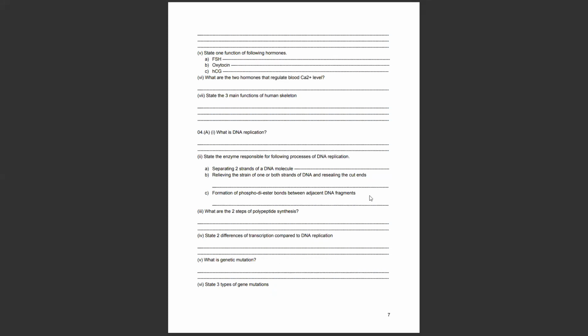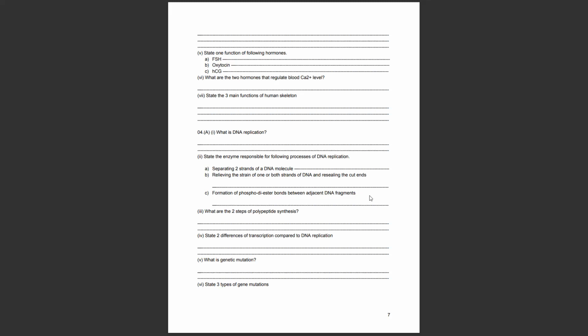Then, Roman number 3. What are the 2 steps of polypeptide synthesis? Transcription and translation, 2 marks. Roman number 4, state 2 differences of transcription compared to DNA replication. In DNA replication, both strands of DNA are used.